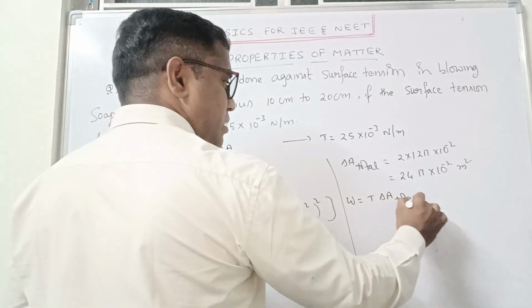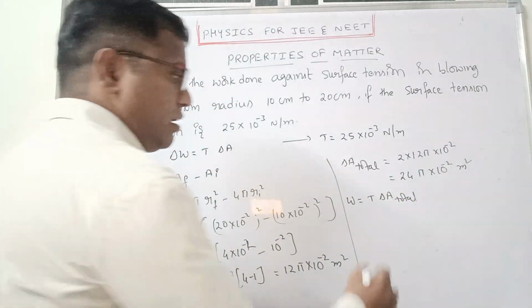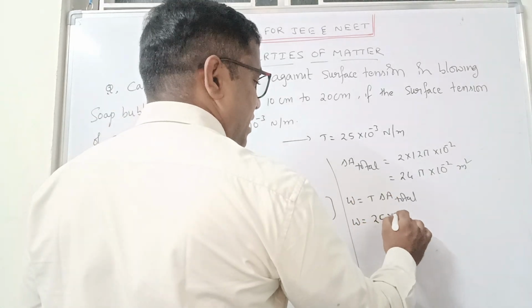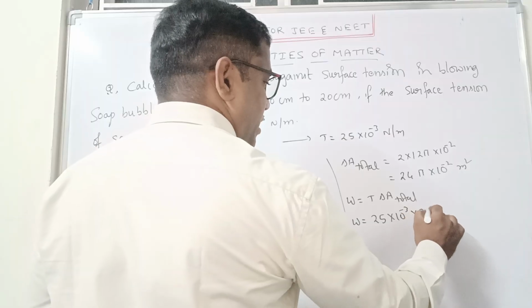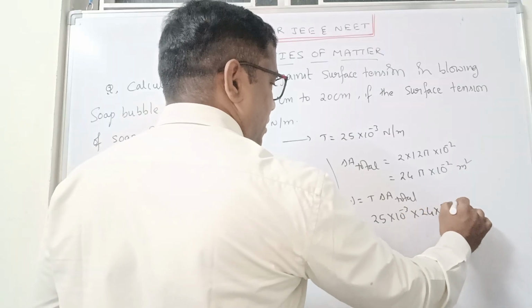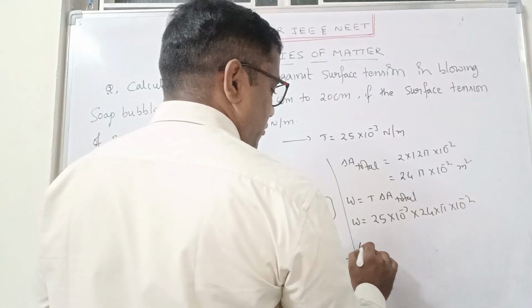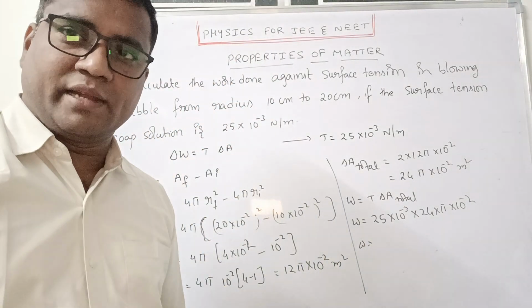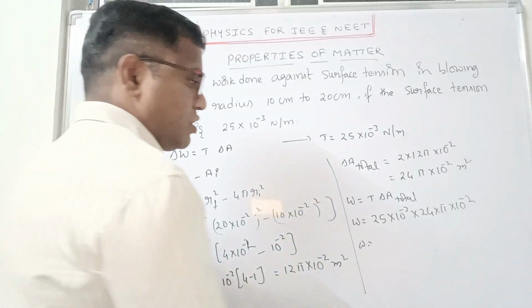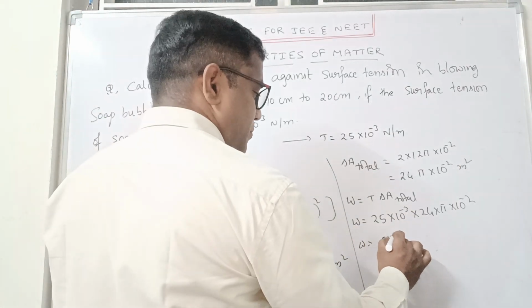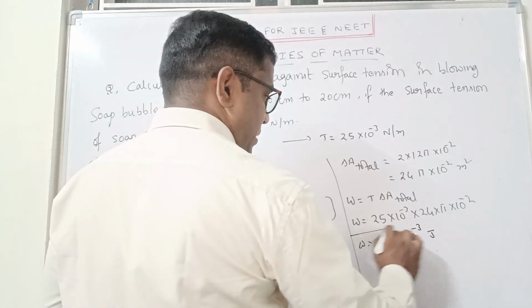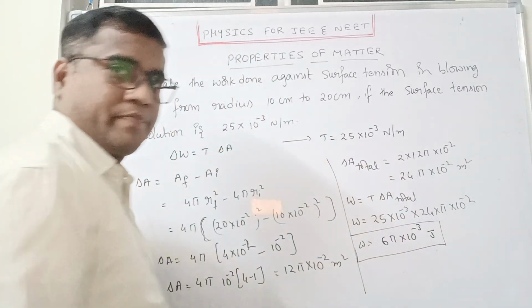So W is equal to T, which is 25 into 10 power minus 3, into 24 pi into 10 power minus 2. If you calculate, you will get 6 pi into 10 power minus 3 joules as the final answer.